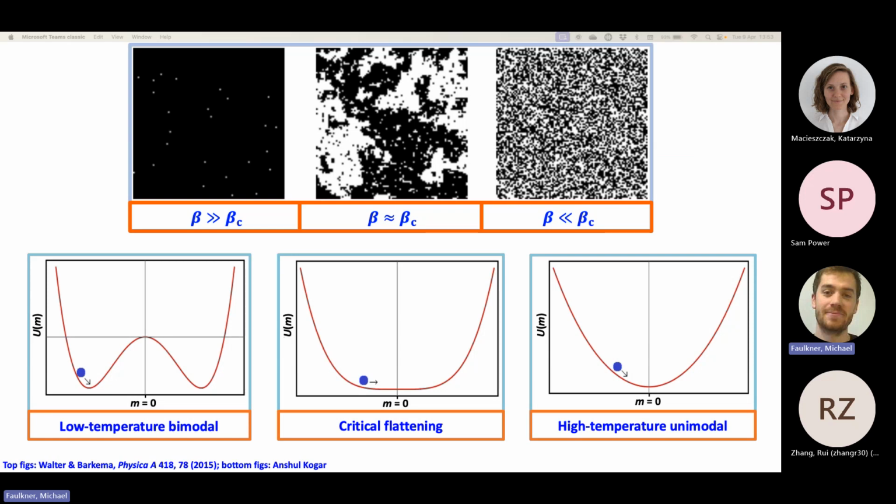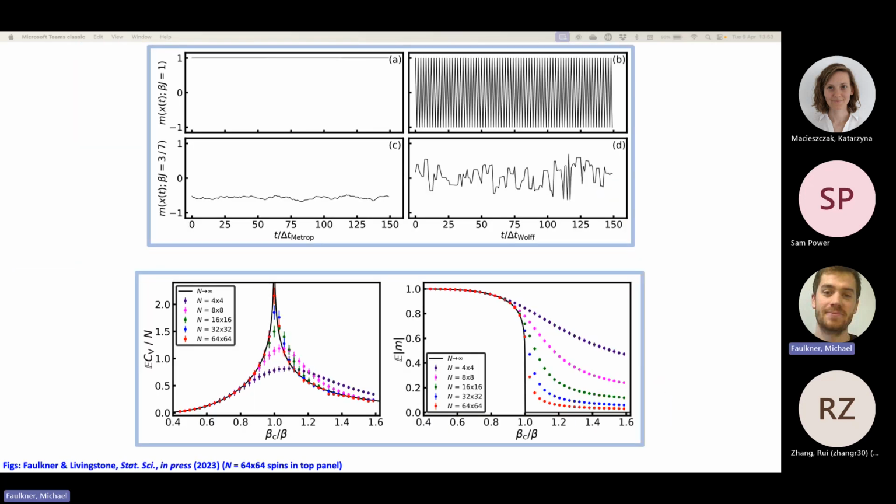Well, these cluster algorithms operate by forming large clusters and then flipping them with probability 1. So you can see that it doesn't seem out of the realms of possibility that these algorithms circumvent these issues of these frustrated clusters. And that's exactly what happens.